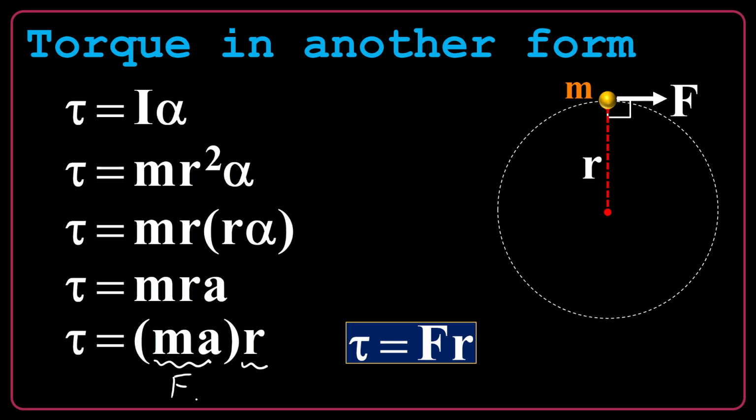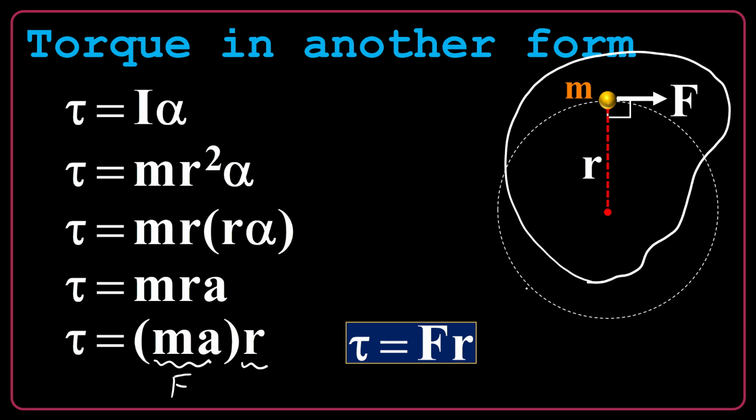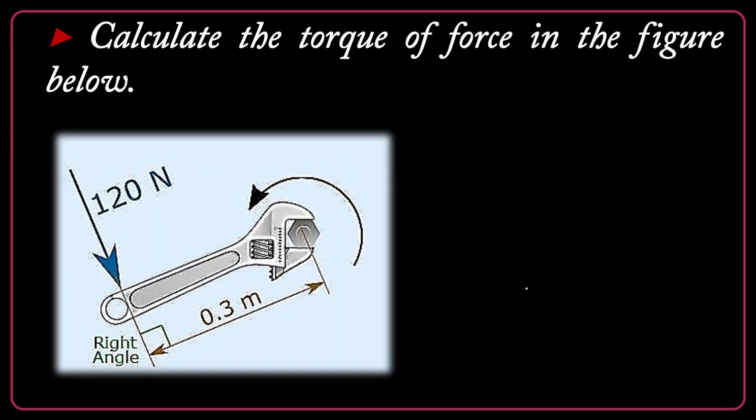Just be noted that in the fundamental and very primary model I explained, force is perpendicular to the radius. Very soon in this video, I will tell you what if the force is not perpendicular to r. So let's just check this example. It's a very short and very important practice.